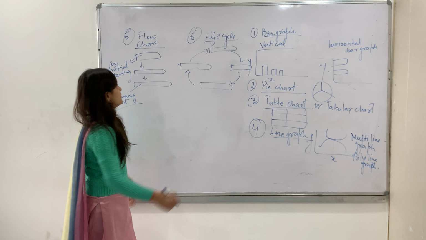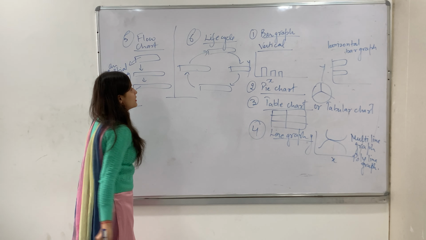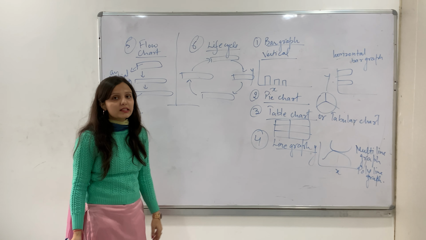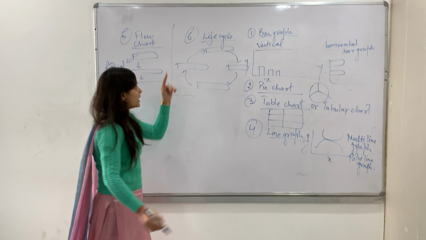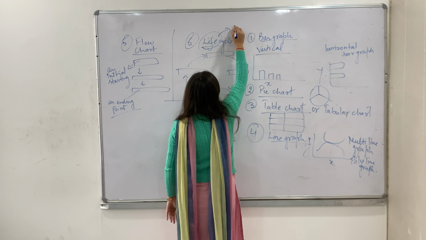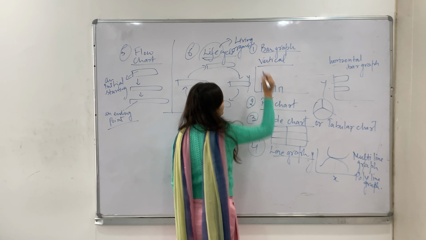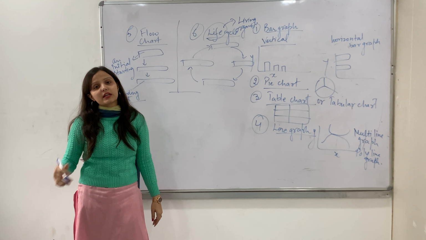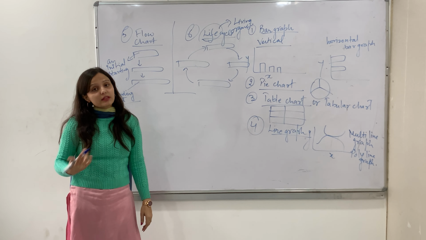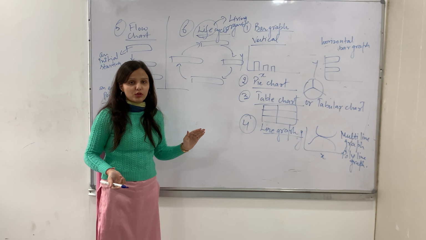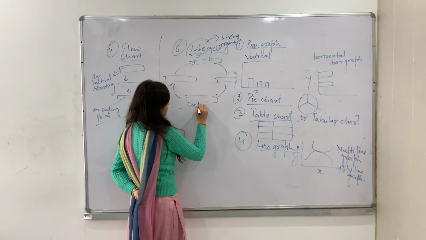Then talking about the life cycle, it also has arrows, and considering the title of this task, life is always of a living organism. For example, life cycle of a frog, life cycle of salmon, life cycle of silkworm. It's continuous. It has no starting and no ending point.